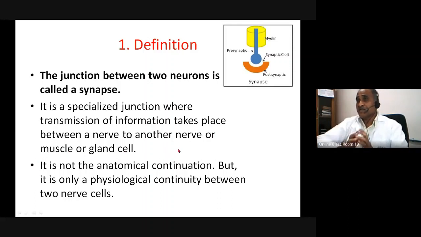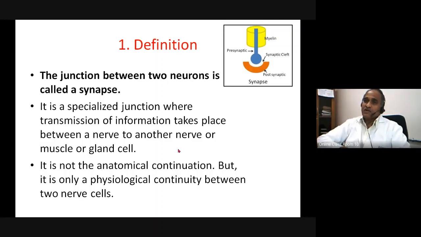That completes the overall definition of a synapse. It's a specialized junction which transmits impulses from a nerve to another nerve, or to a muscle, or to a gland. So this is a more comprehensive definition, but you can use the first one also, there's no doubt about it.